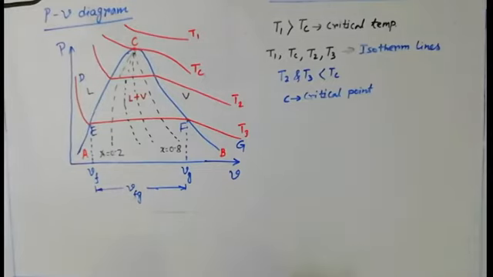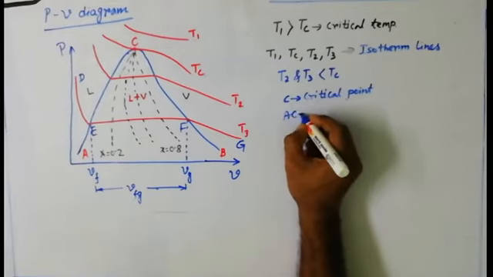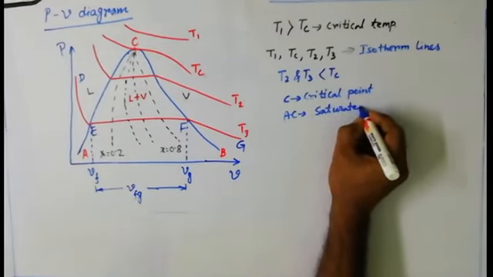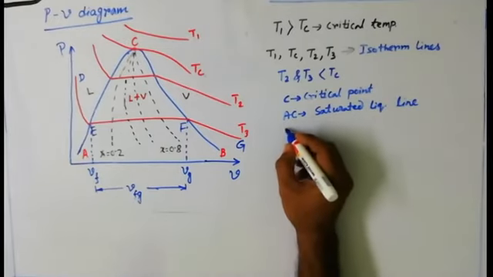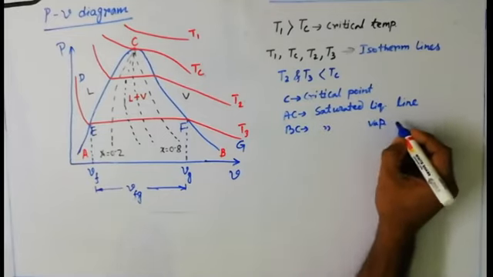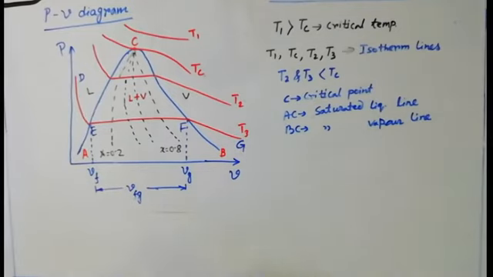That is the importance of the critical point. And here AC is basically the saturated liquid line, and similarly BC is the saturated vapor line. Both are saturation lines, but one is liquid and one is vapor.